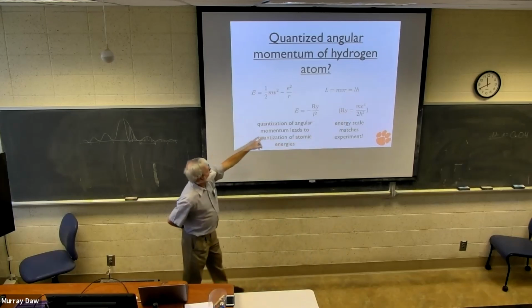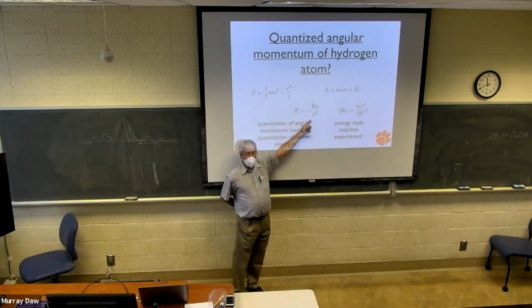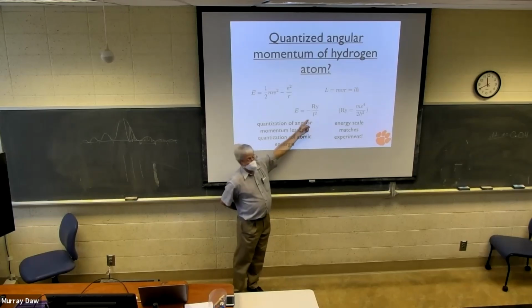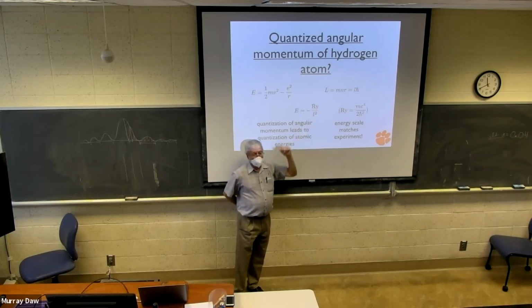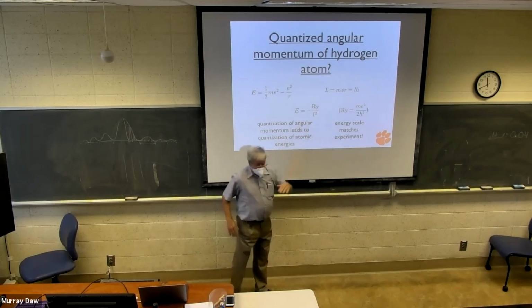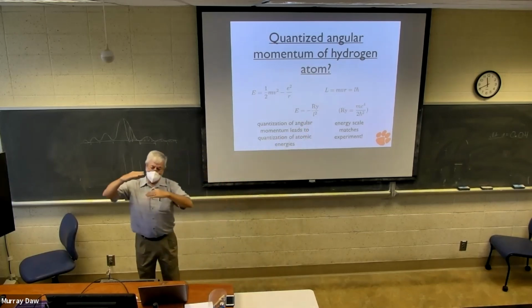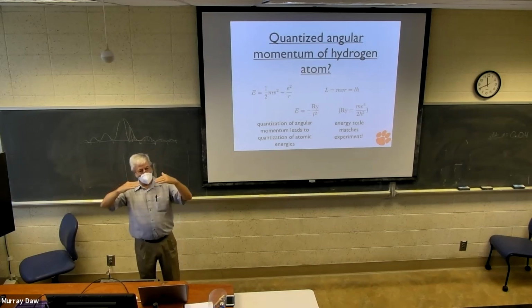So after a little manipulation, you find out that the energy has to be proportional to 1 over L squared. And L is an integer. Well, L equals 0 doesn't work. But L equals 1, 2, 3, 4 does. Let me tell you the significance of this. If we have a set of energy levels in the hydrogen atom, then light coming in could cause an excitation, making the electron move from one orbit to another orbit.